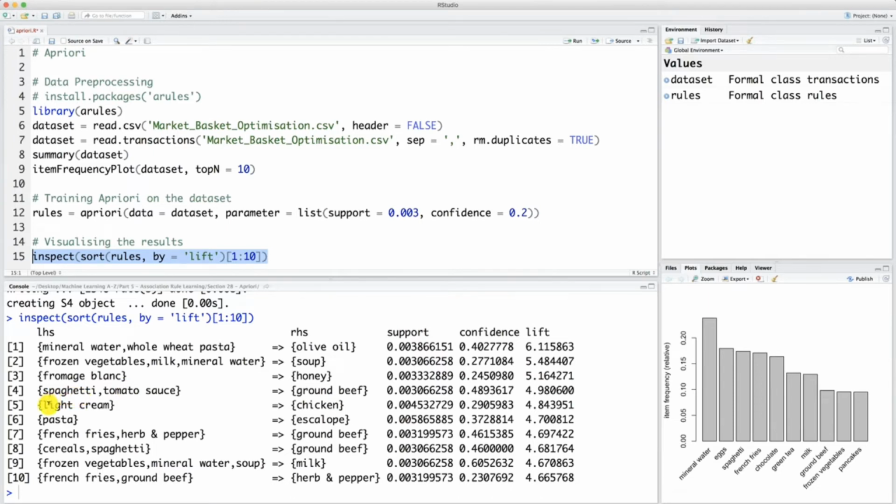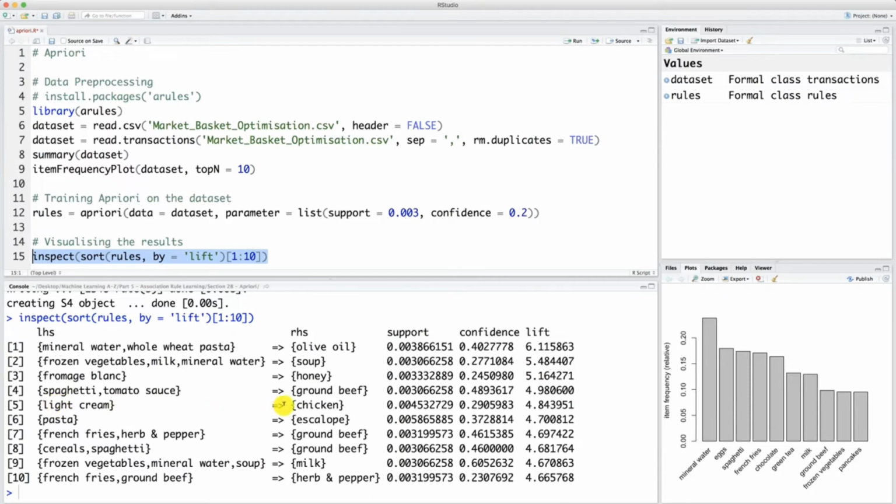And then, fifth rule, if people buy light cream, they will buy chicken in 29% of the cases. So, not necessarily obvious. If the manager of the store had to place the products without any algorithm, this manager would not necessarily have thought to place the chicken next to the light cream.